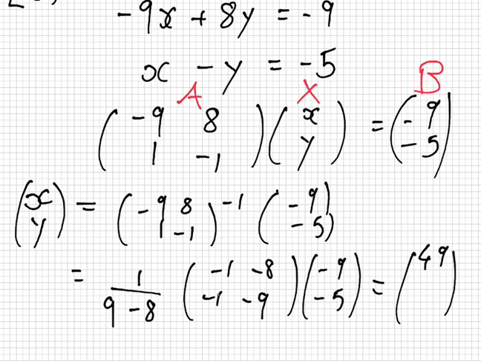And then the next one, 9 plus 45, 54. And then 9 minus 8 is 1. 1 over 1 is 1. So multiply this by 1, no change.